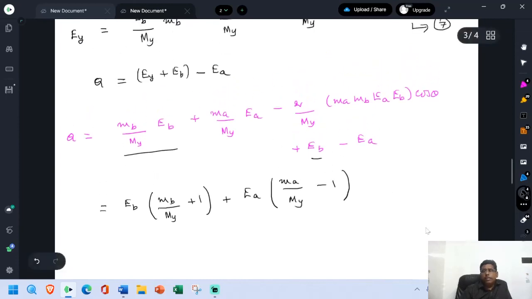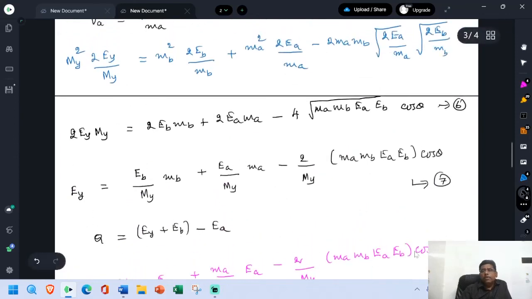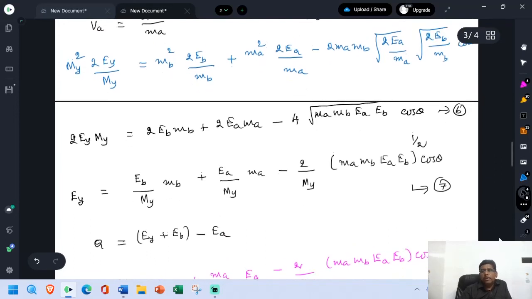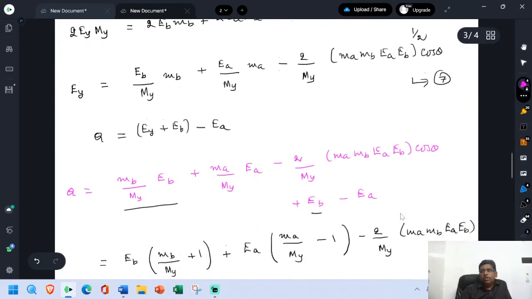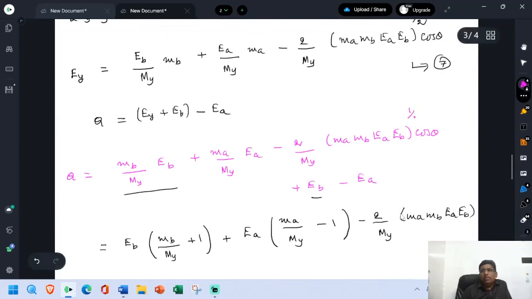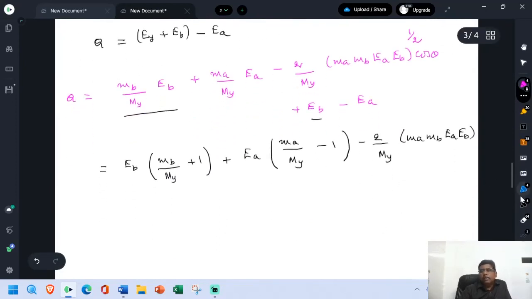Then minus 2 divided by My, ma, mb, Ea, Eb. See, here we also have to put the power 1 by 2 because the root is present, because all the terms are present inside the root. So 1 by 2 into cos theta. This is the value of Q.